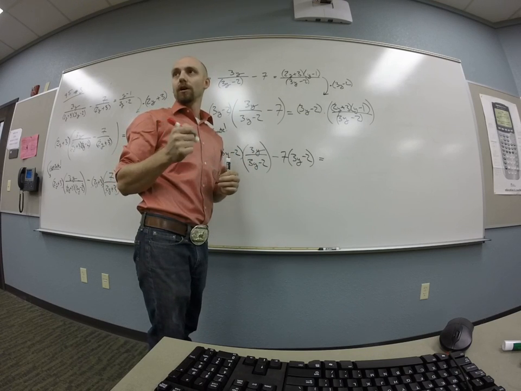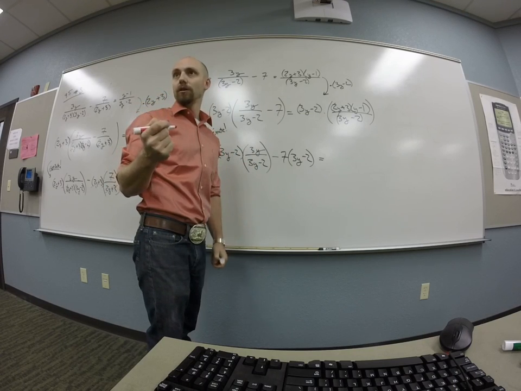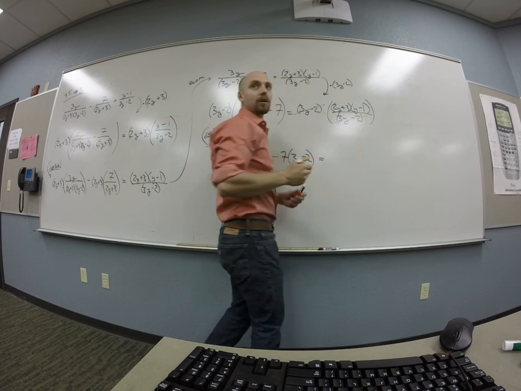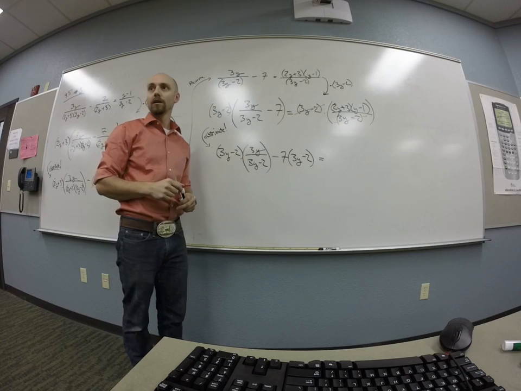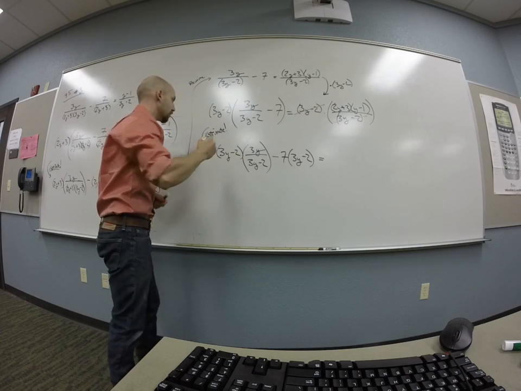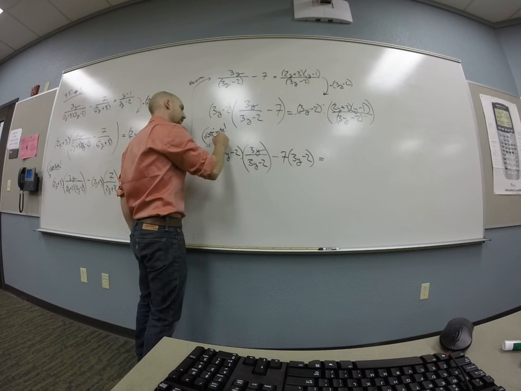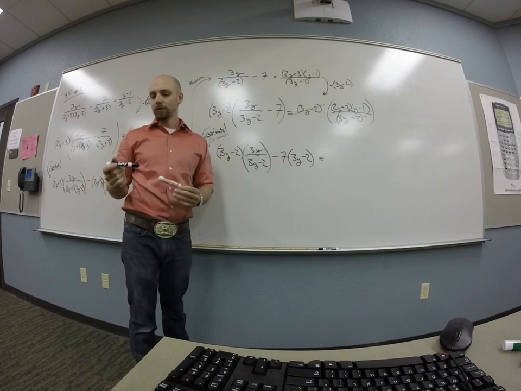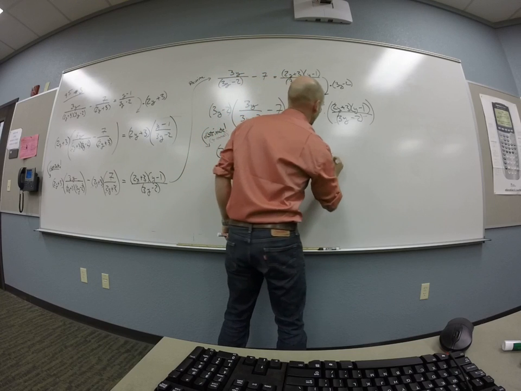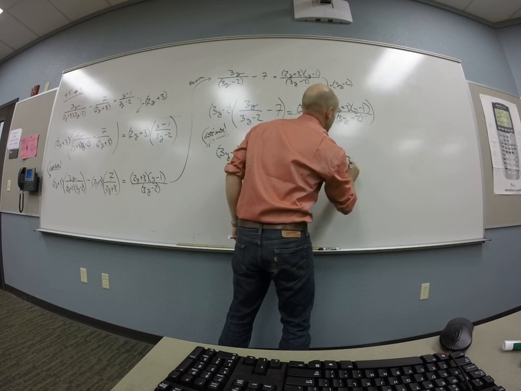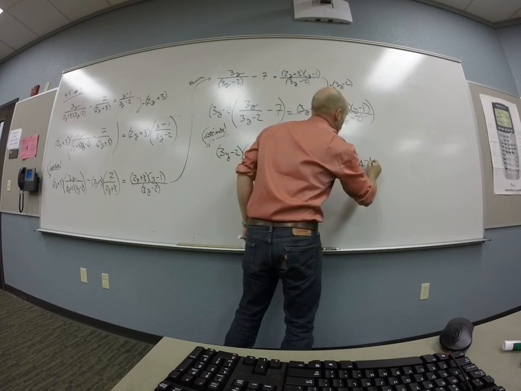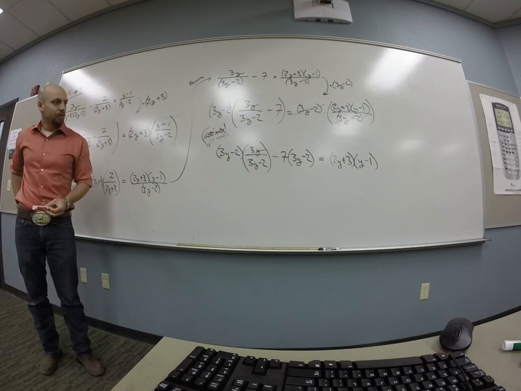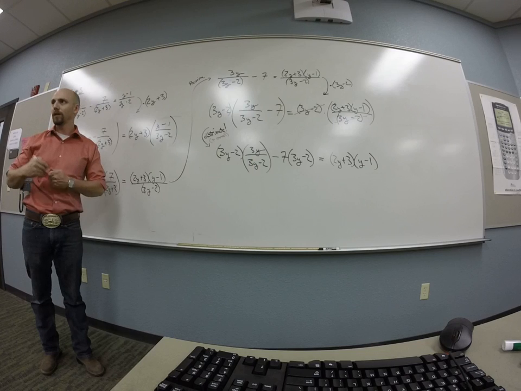can I do something on the right-hand side? Yeah. What can I do on the right? I can cancel the 3y minus 2's. I didn't need to distribute there. So really, there's also a cancel here. So on the right-hand side, I end up with a 2y plus 3 times a y minus 1. What else can I do on the left-hand side?